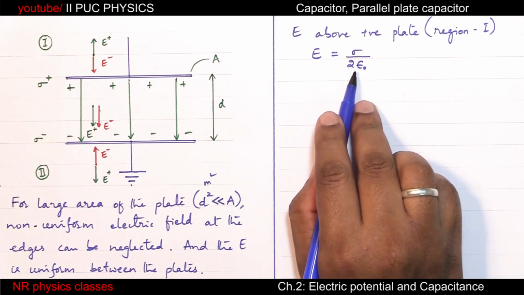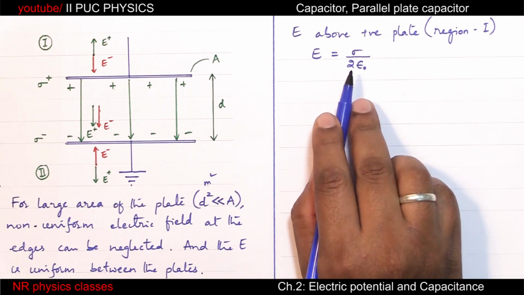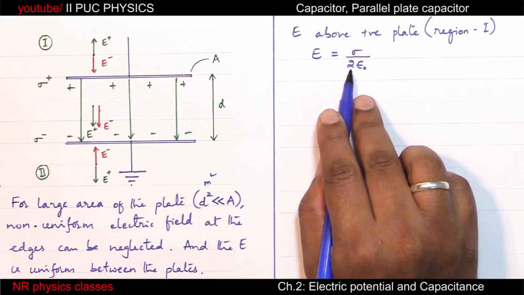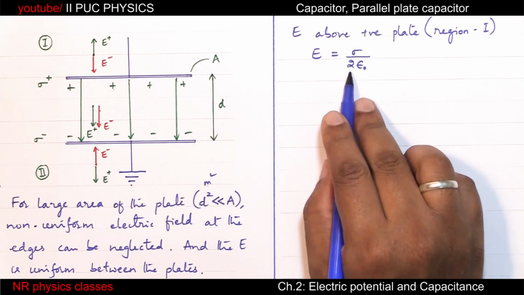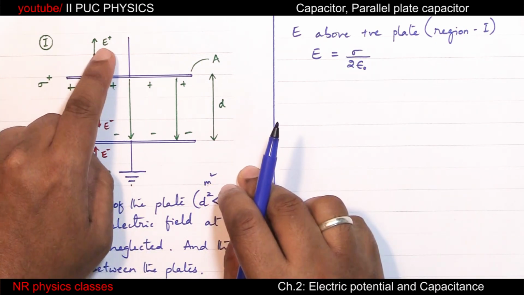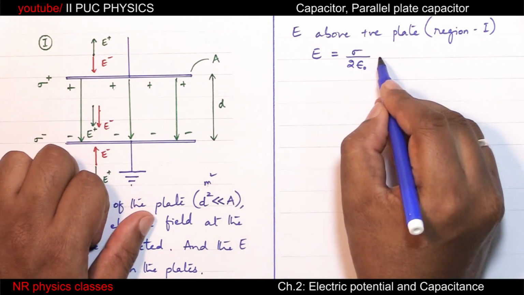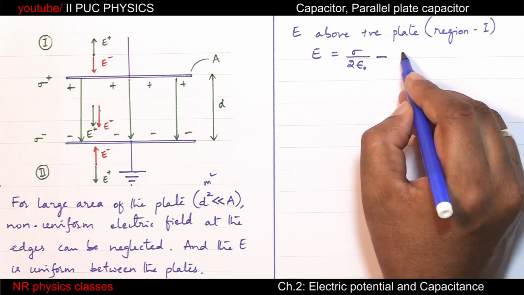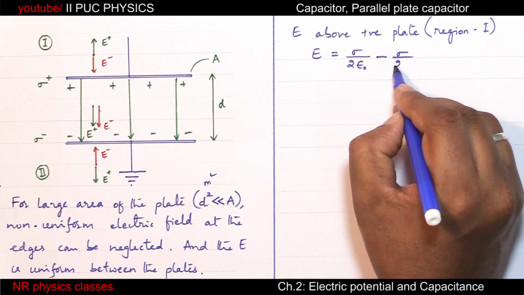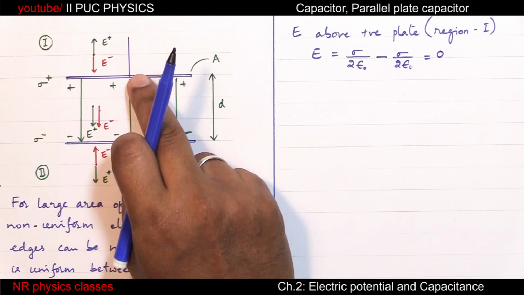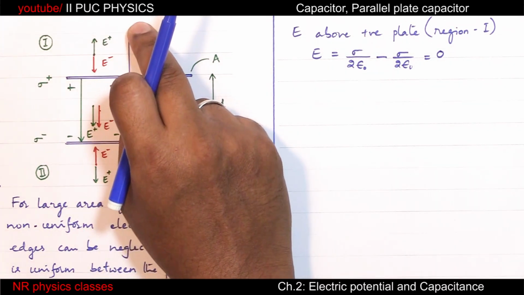This equation is from application of Gauss theorem. Recall, electric field due to a thin sheet of charge is sigma by 2 epsilon naught. This is the electric field due to positive charge, minus the electric field due to negative charge. Sigma by 2 epsilon naught minus sigma by 2 epsilon naught equals 0. Means there is no electric field above the conductor.